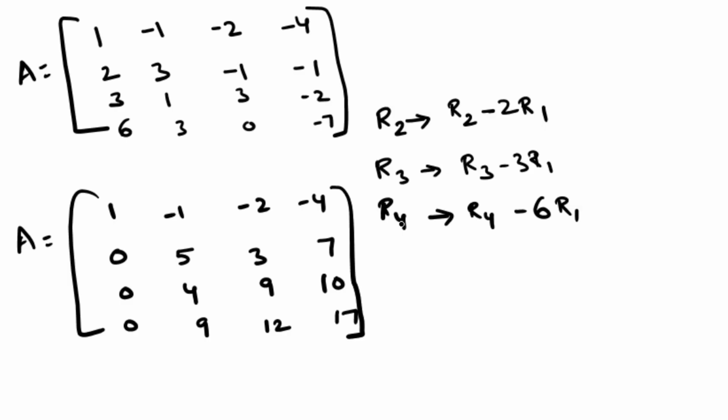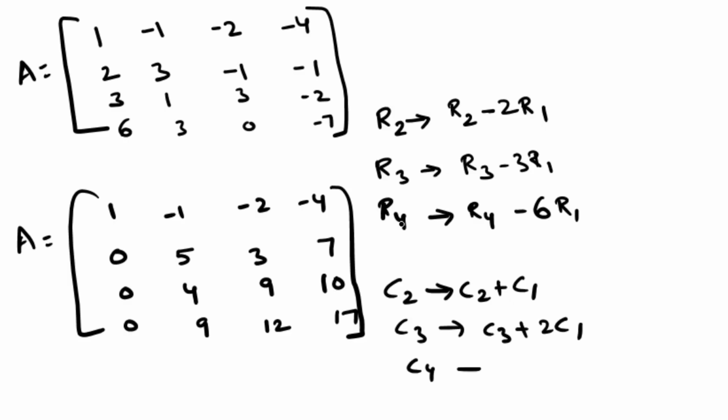Now for this matrix, C2 implies C2 plus C1, C3 implies C3 plus 2C1, and C4 implies C4 plus 4C1.